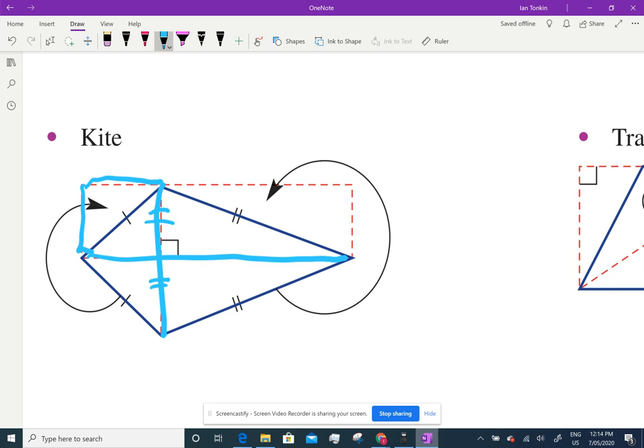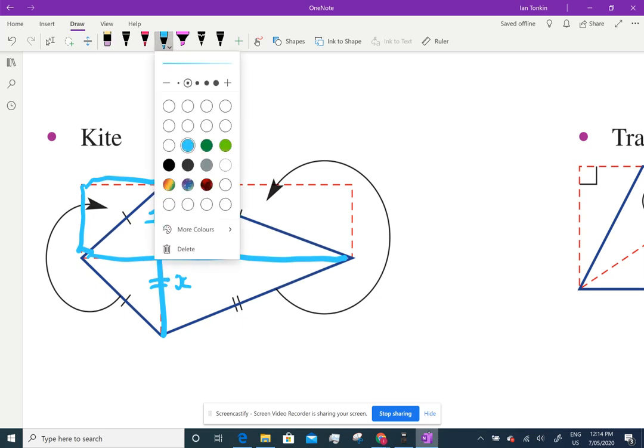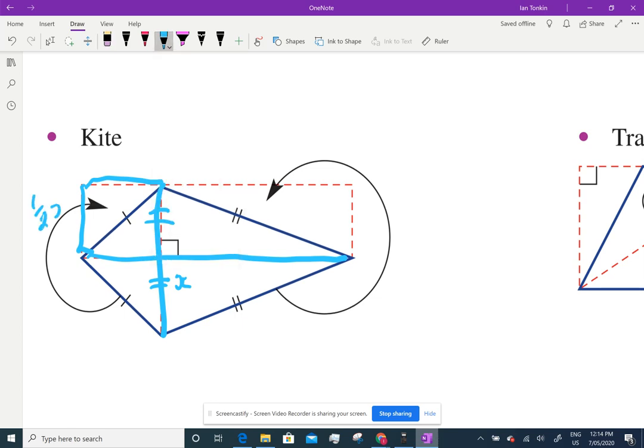And what is it? Well, let's call this diagonal X. So this is a half X, and we'll just leave it as a half X because we're going to use the whole rectangle.